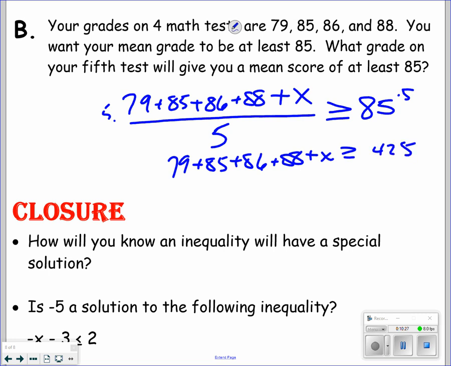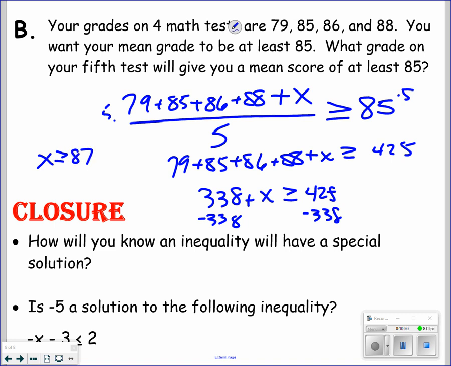Add up the tests that you currently have. 79 plus 85 plus 86 plus 88 would be 338. And then subtract 338 and get 87. So you would need a score of greater than or equal to 87, we'll say percent, on the last test.